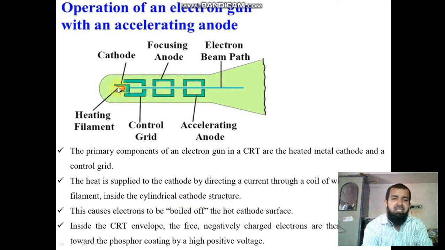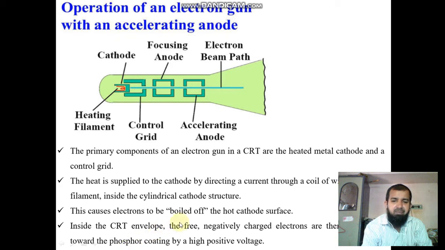This causes electrons to be boiled off the hot cathode surface.